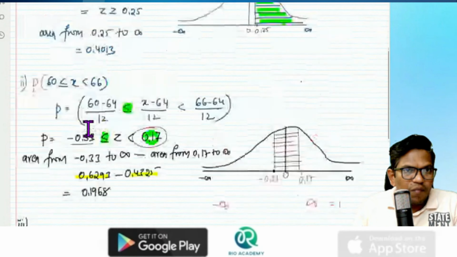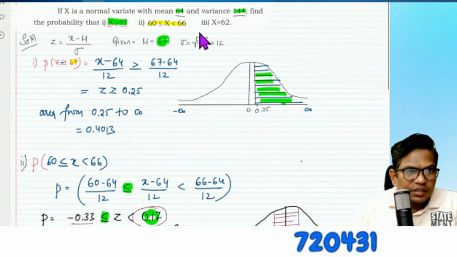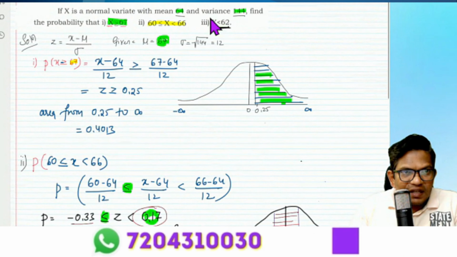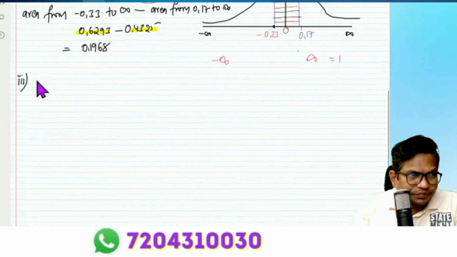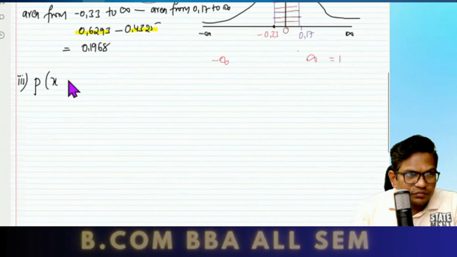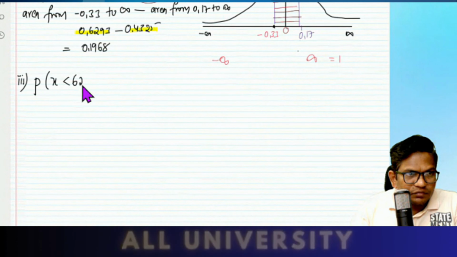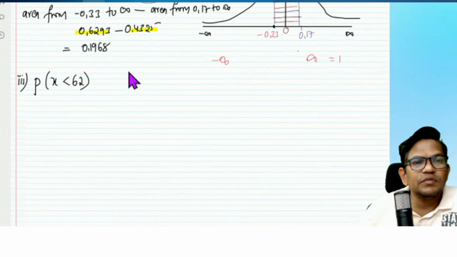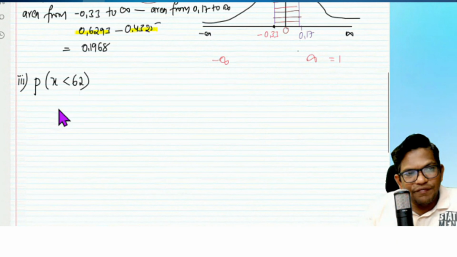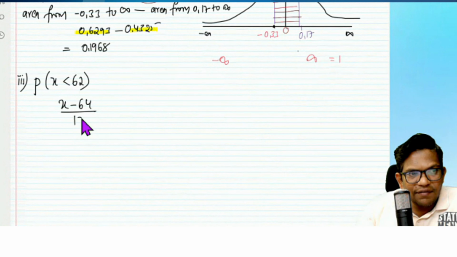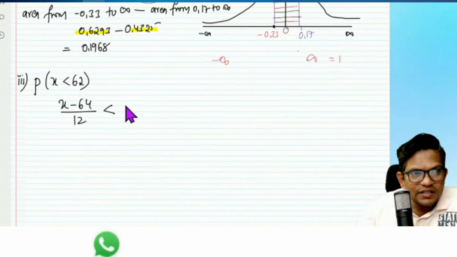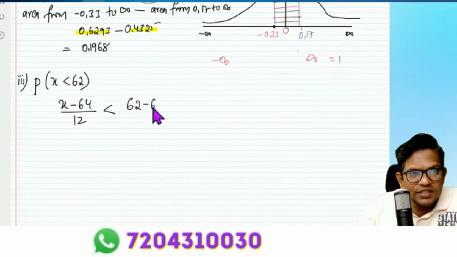Next. X is less than 62, they said. Now very simple. X minus 64, that is mean, divided by 12, less than 62 minus 64 divided by 12.